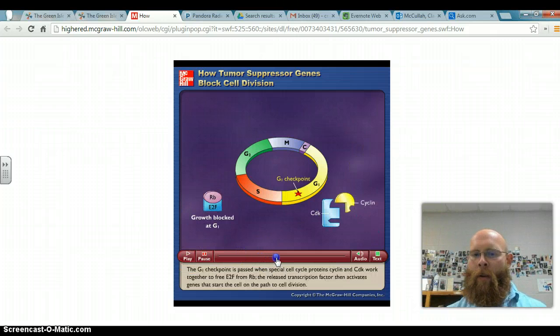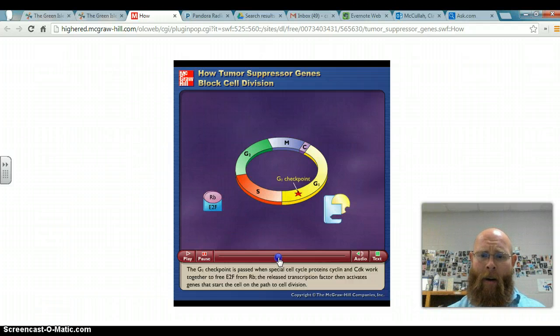Now, other molecules involved are CDK and cyclin. CDK and cyclin are necessary because when they combine, we're assuming everything's okay: there are no errors, the cell's big enough, all that is okay.